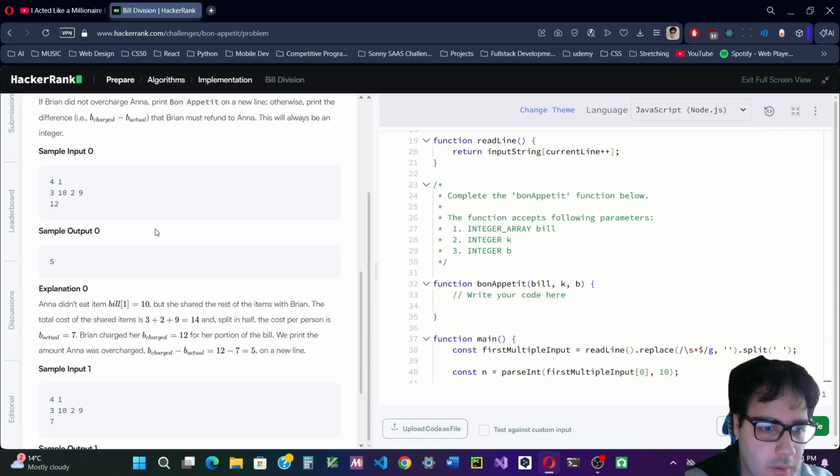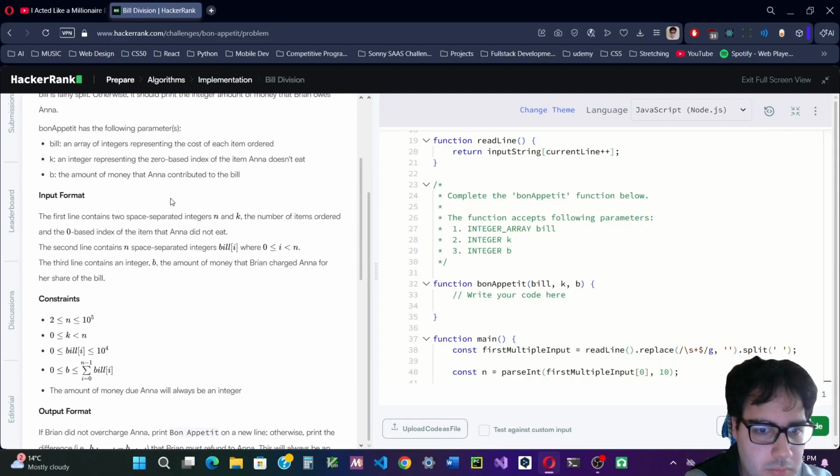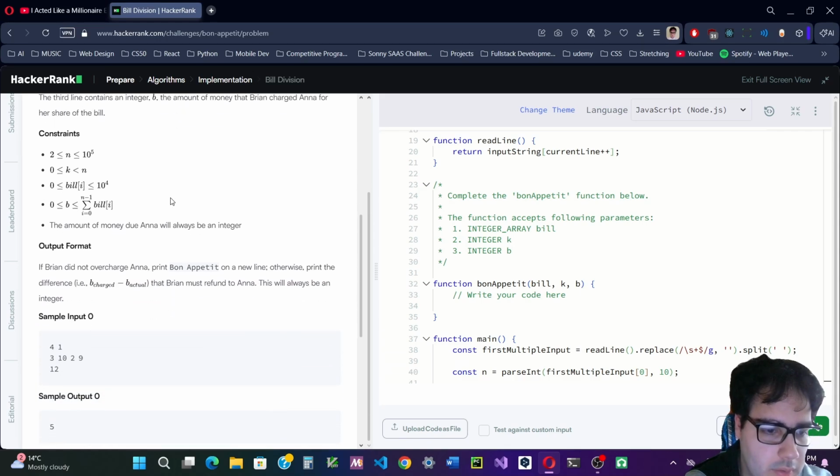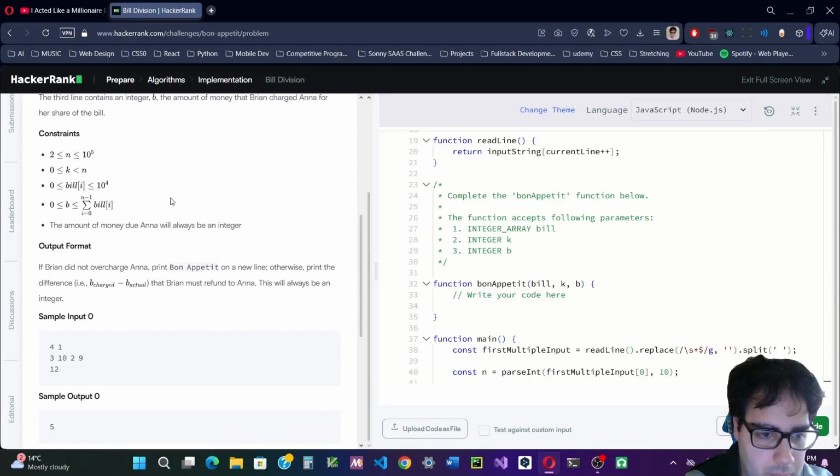And Anna didn't eat item bill 1 equals 10. The parameters are the integers, and the target integer b, the amount of money that Brian charged Anna for her share of the bill.